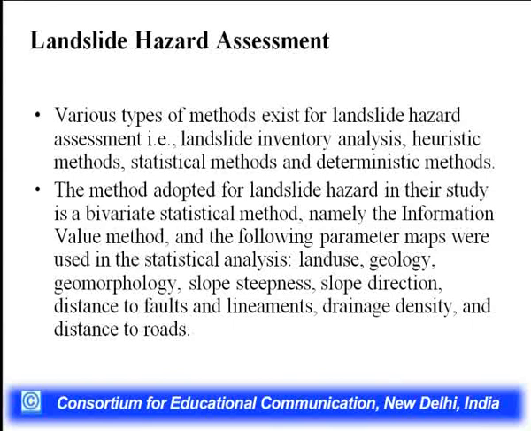The method adopted for landslide hazard in their study is the bivariate statistical method, and they give the value, parameters, and maps were done. What are the parameters they have taken? Land use, geology, geomorphology, slope steepness, slope direction, distance to faults and lineaments, drainage distance, density, distance to roads.